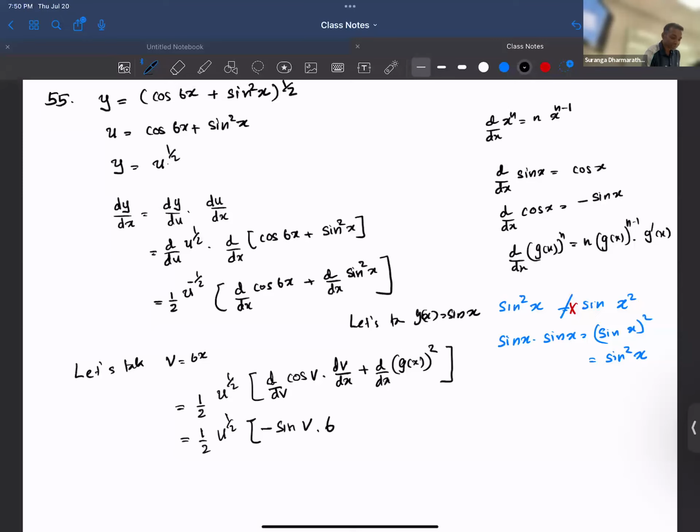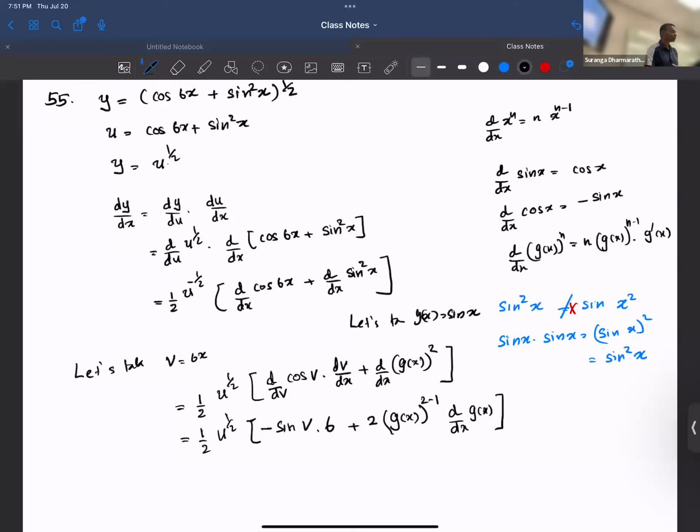Good. Times 6 plus, what is this one? n is 2, right? g of x is sine x, right? So you can write just g of x. I'm going to substitute that later. 2 times g of x to the power 2 minus 1. What is d over dx g of x?